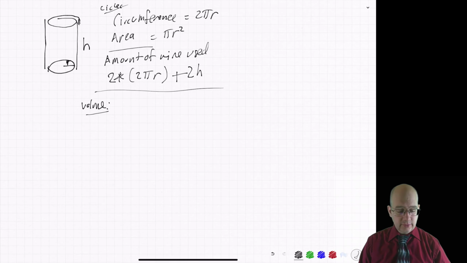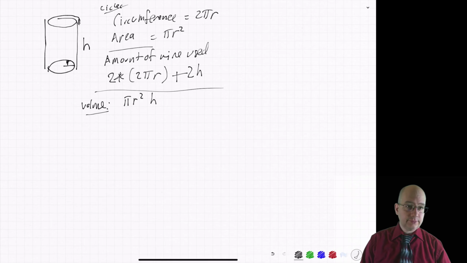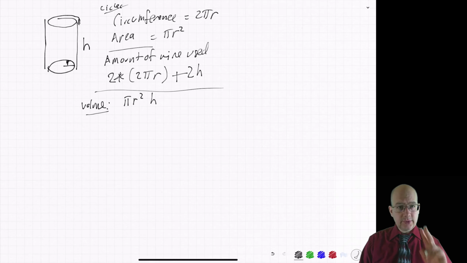This is a little bit sketchy argument, but hopefully it makes some intuitive sense that you've got these kind of slices. So that's pi r squared times h.